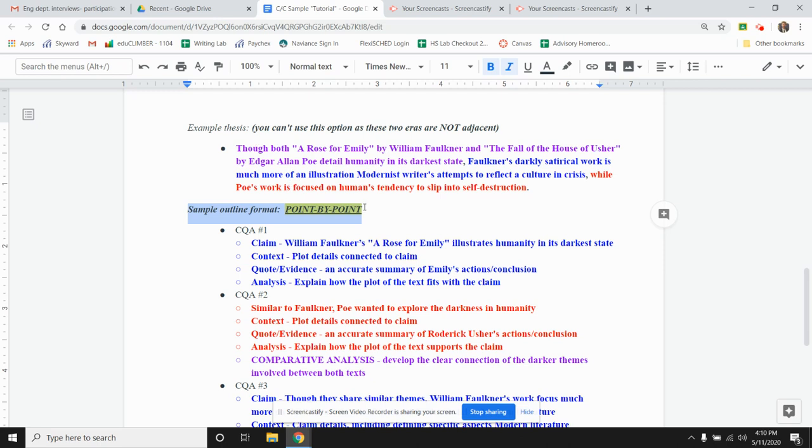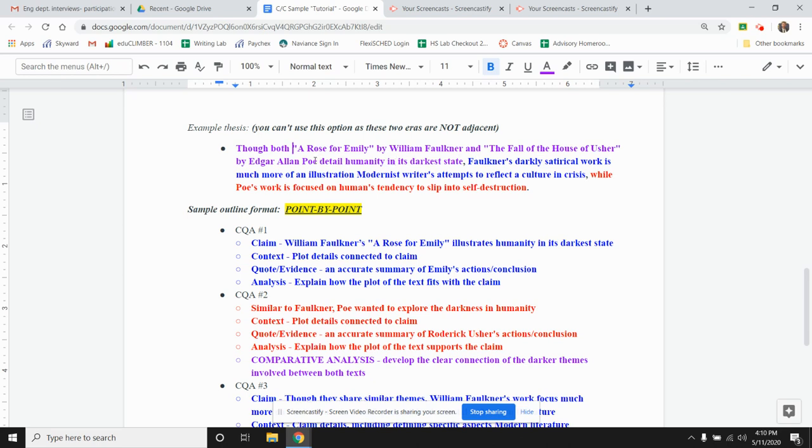And I want to show you now the second style that you can choose from when you're writing your comparison contrast paragraph. I have the exact same thesis claim from above, though both A Rose for Emily by Faulkner and The Fall of the House of Usher by Poe detail humanity in its darkest state.